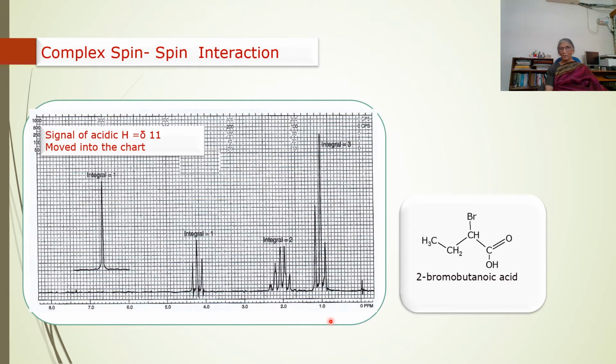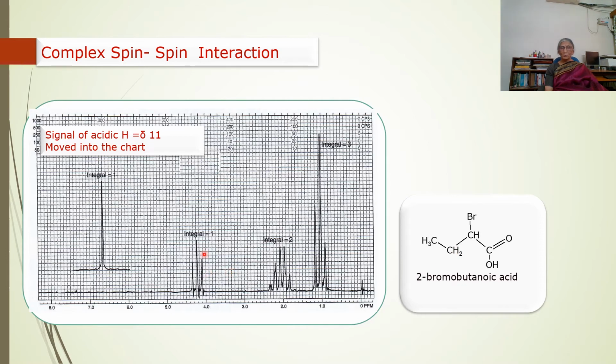Now look at the multiplicity of the methyl protons. The signal for the methyl protons is split into 3 peaks. It is a triplet. This triplet indicates that in the neighbor there must be 2 protons. So the neighbor of the methyl protons is the methylene protons.